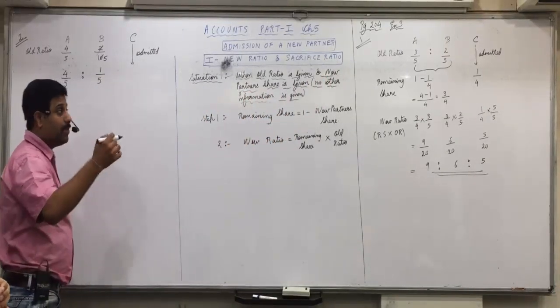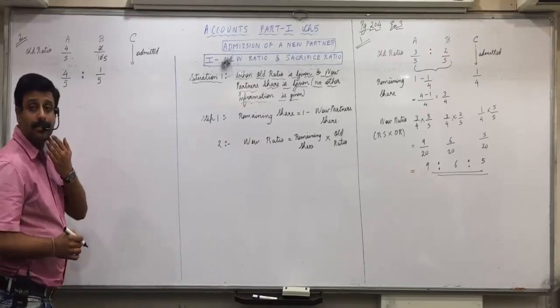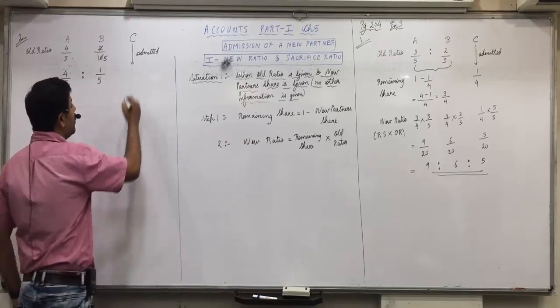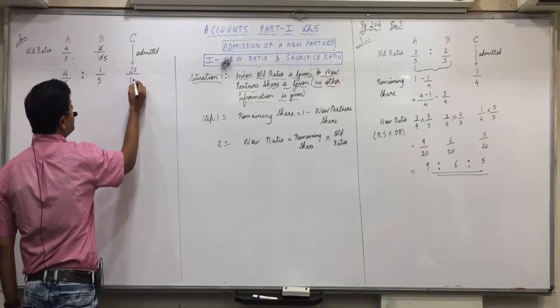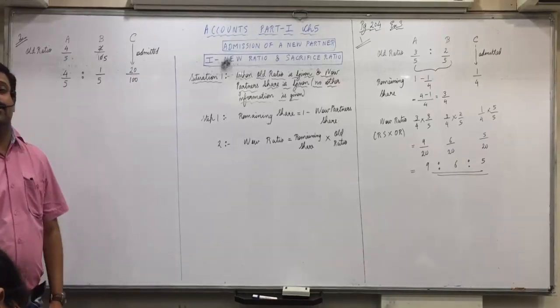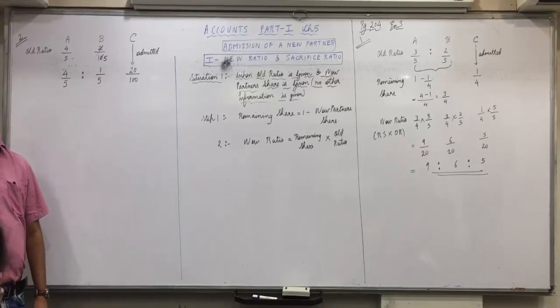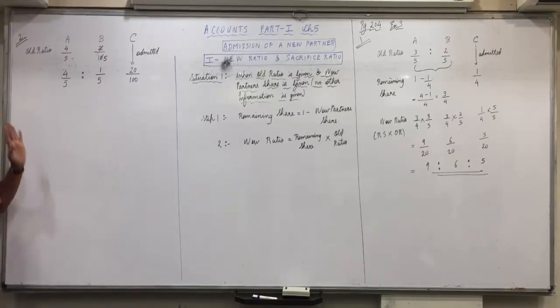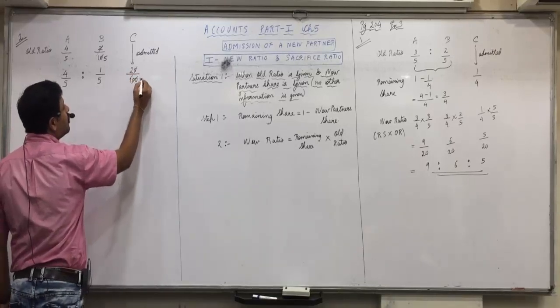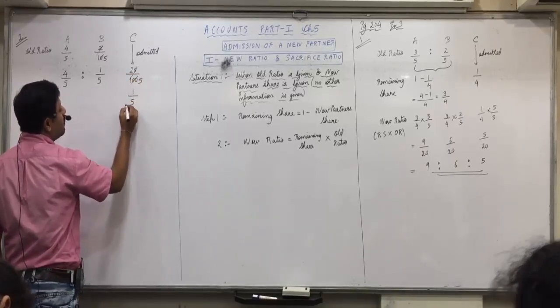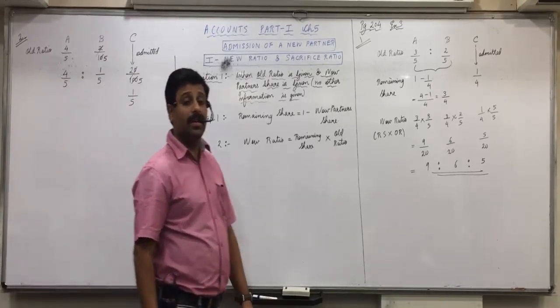What do you mean by 20%? 20% means 20 per 100, 20/100. Here again, 20 into 5 is 100, so can I write it as 1/5? Anyone having any doubt in this?